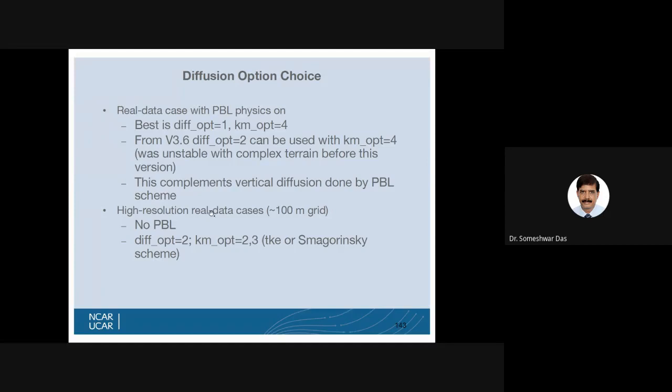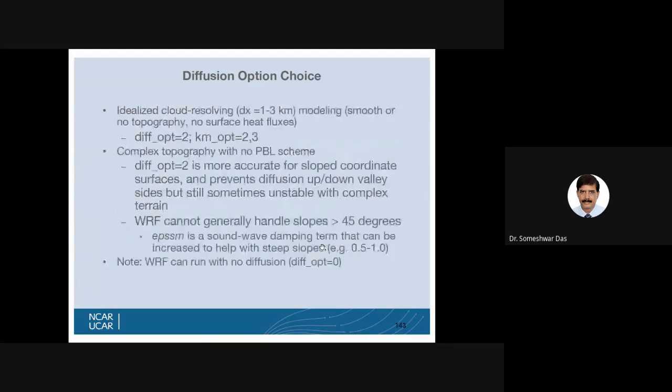For high resolution real data cases, approximately grid size 100 meter, your grid size is very fine, and maybe you are trying to simulate the individual eddies, large eddies, or the turbulence. In that case, you have to set the PBL option as 0, no PBL, and use diffusion option as 2, KM option as 2, 3, etc. So these are the different options for the diffusion.